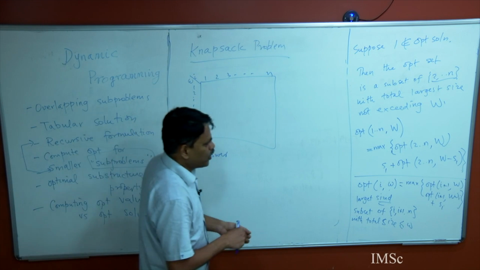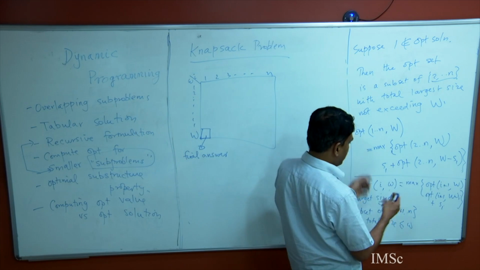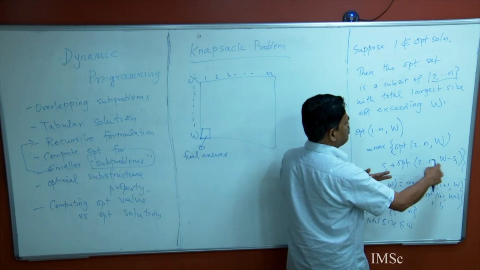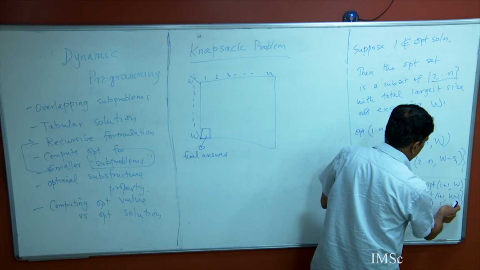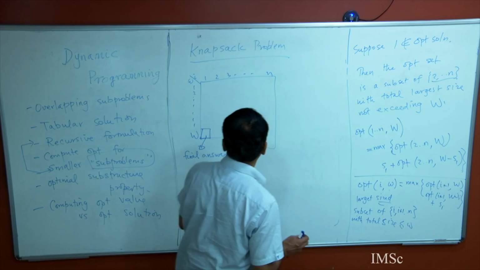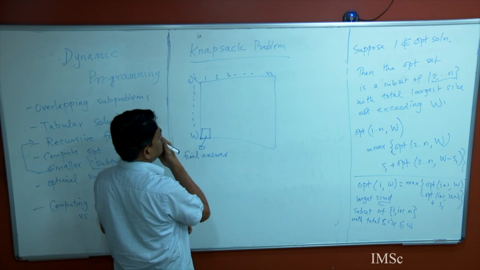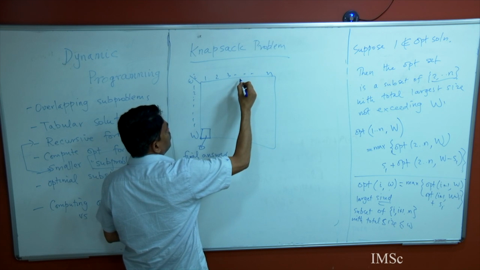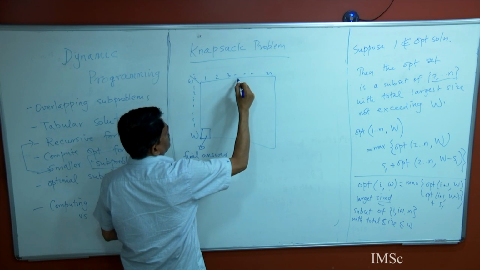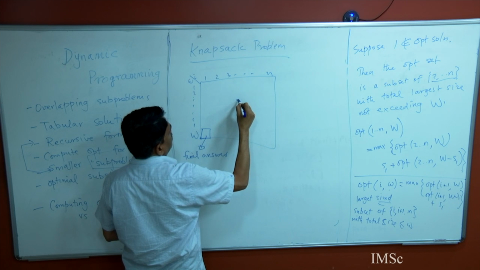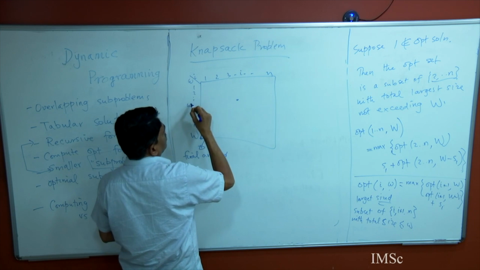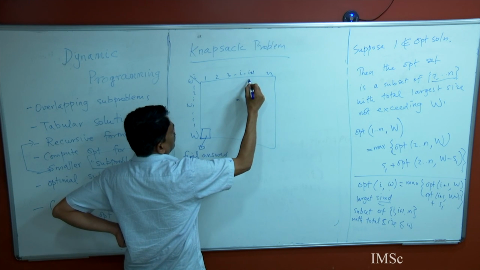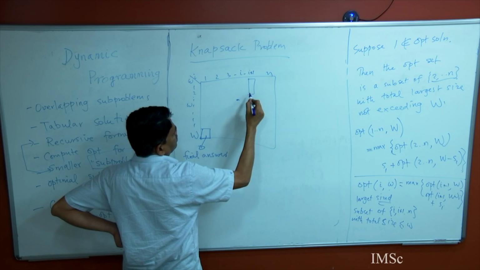And now you look at this recurrence and see the dependence, right? To compute I comma W, I need I plus 1 and smaller values of W, right? So if I want to compute some I comma W here, this is some I and this is some W, then to compute this, I need I plus 1 and some smaller W's here.